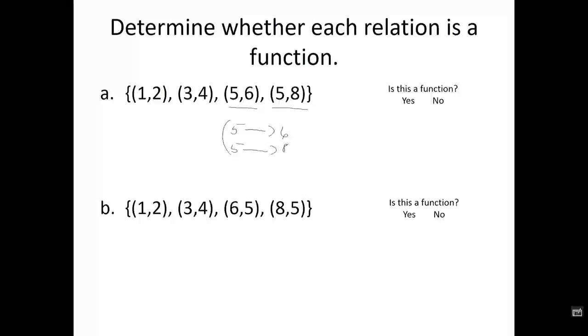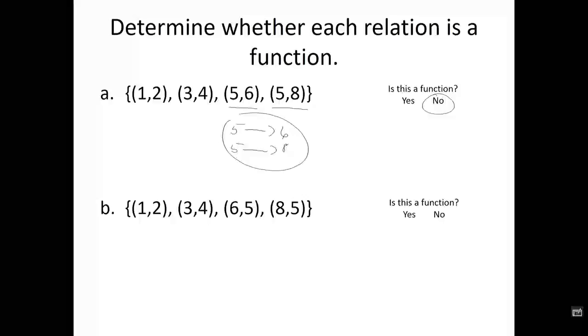So what's happening here is that we have two elements in the range for y. This violates the definition of a function. For each x, there's only one y, but for 5, we have two different y values. So therefore, this is not a function.